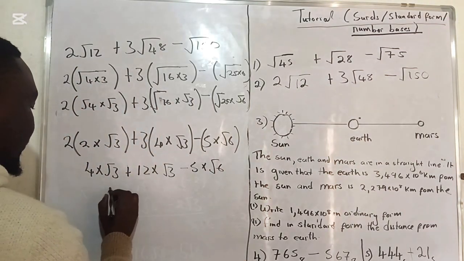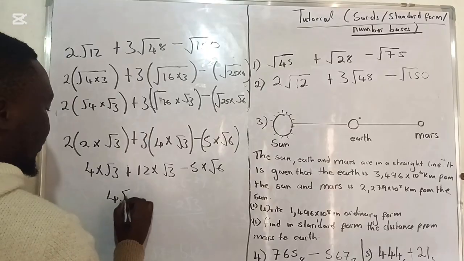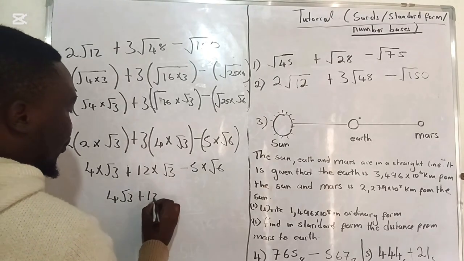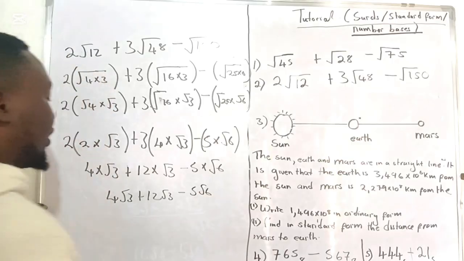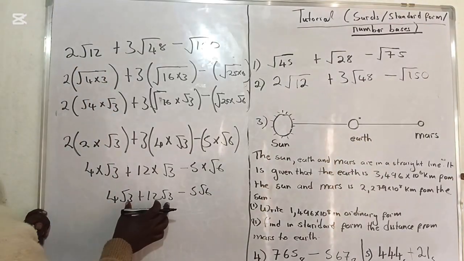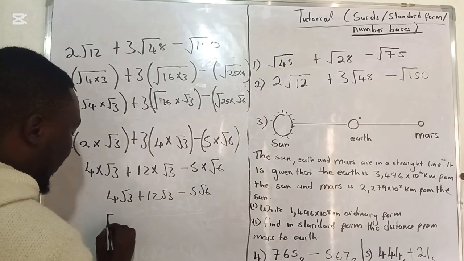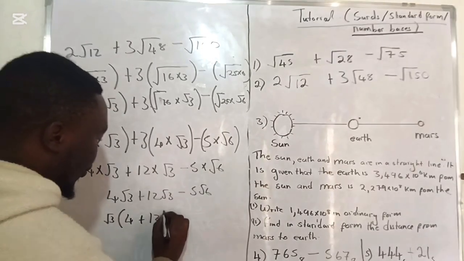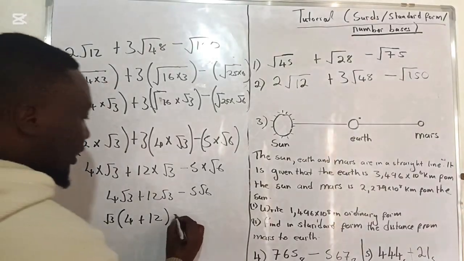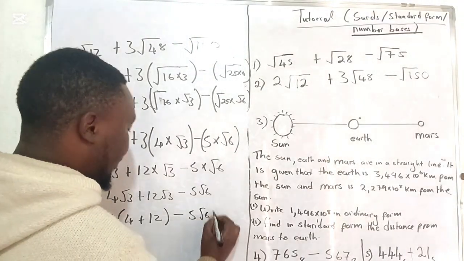Then we remove the multiplication sign. We have 4 root 3 plus 12 root 3 minus 5 root 6. So these ones have the same root 3. We can remove root 3 from the bracket. We have 4 plus 12, minus 5 root 6.